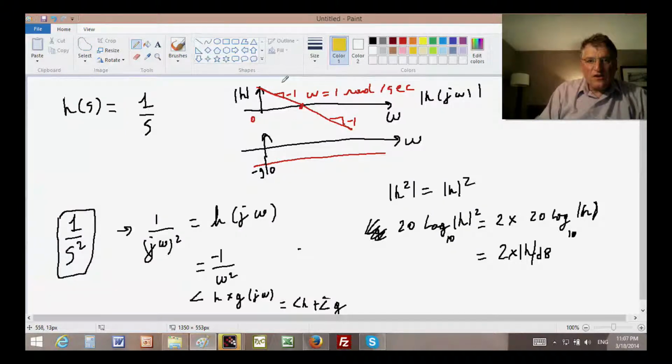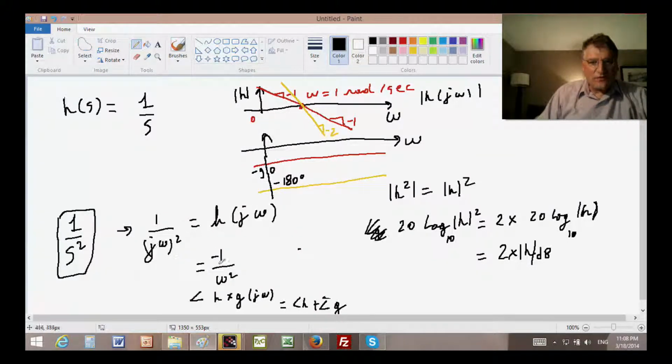If this is h, this is going to be h squared. It's a line which is twice as steep as the previous one, that goes through the same crossover frequency here, and since the slope is twice as much, its magnitude slope is -2. Likewise, the phase will be twice as much as the phase of 1 over j omega. In other terms, what we get is a phase of -180 degrees.